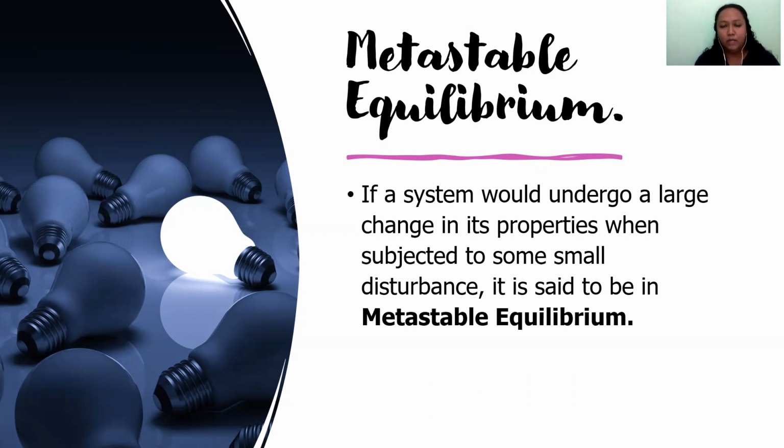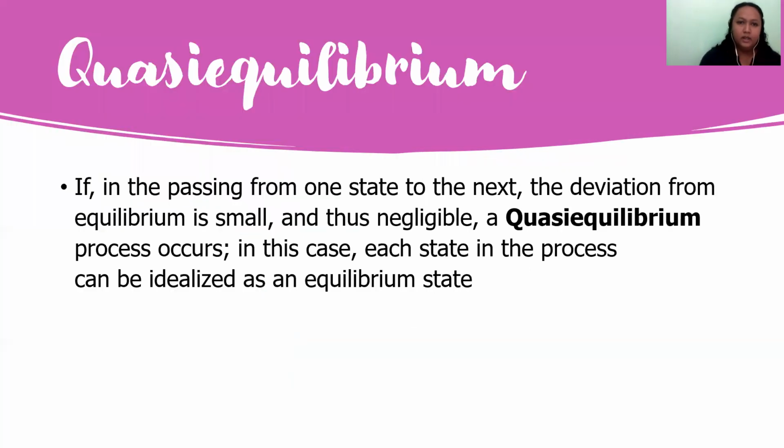So another one, equilibrium. So metastable equilibrium: if a system would undergo a large change in its properties, extensive man siya or intensive, when it is subjected to small disturbance, ang tawag doon ay metastable equilibrium. The second one naman, class, is the quasi-equilibrium, wherein in passing from one state to the next, the deviation from equilibrium is small and thus negligible.